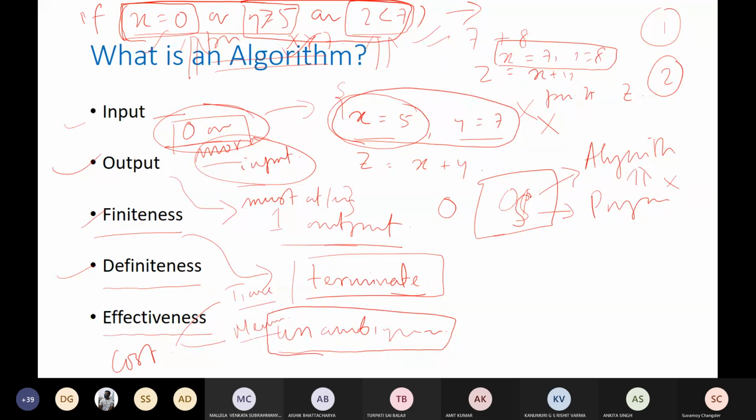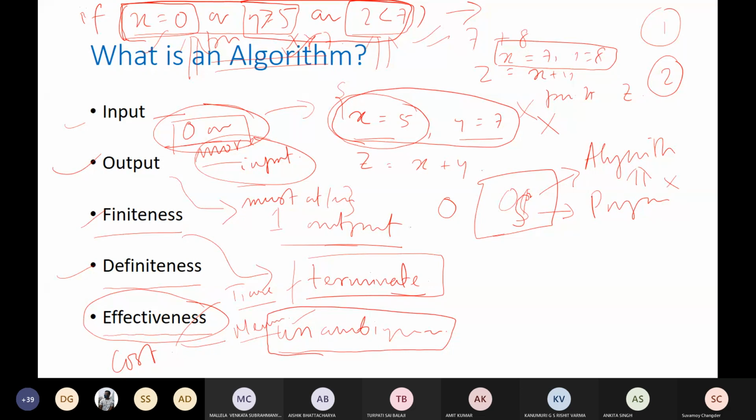So our cost is calculated on the basis of time and memory. Effectiveness means every algorithm must be effective, that means the best with respect to time complexity and memory, that is space complexity. So these are the properties to be followed by an algorithm.